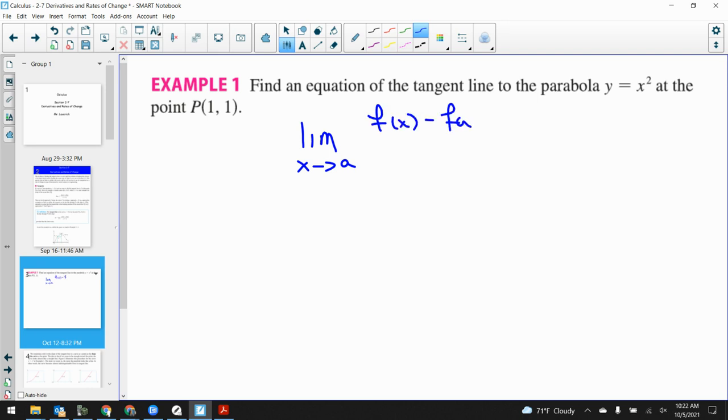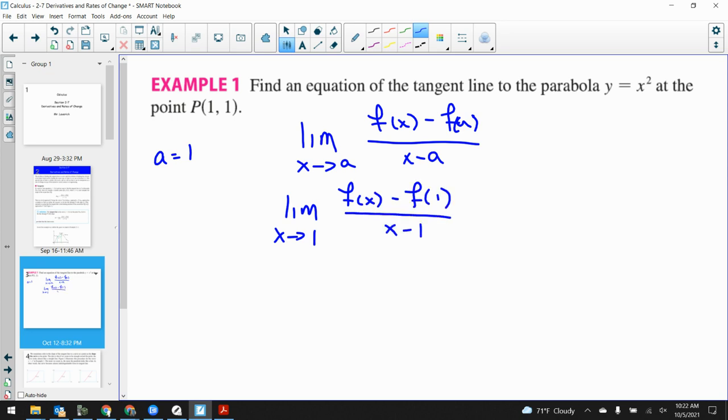What is the x value that I'm trying to get to? The coordinate is (1, 1), right? The x value is 1, so therefore a is 1. The limit as x goes to 1 of f of x minus f of 1 over x minus 1.